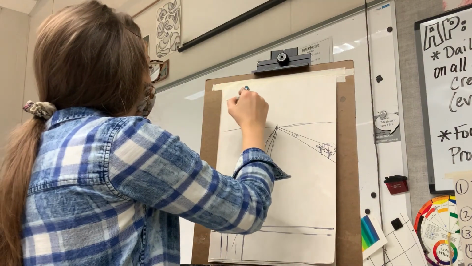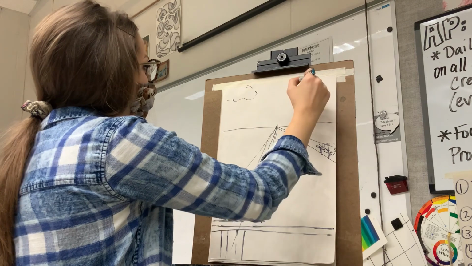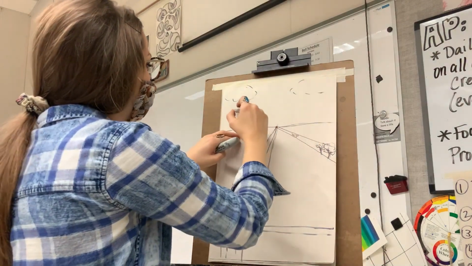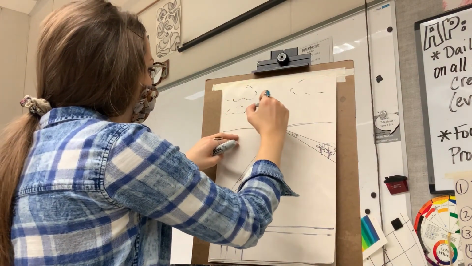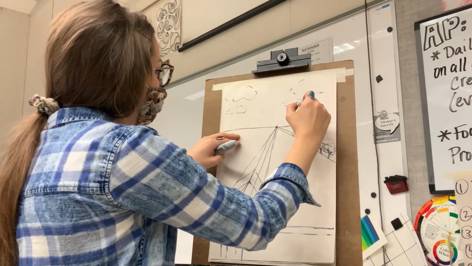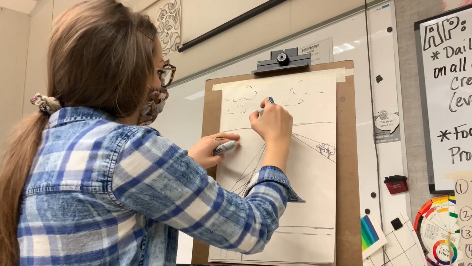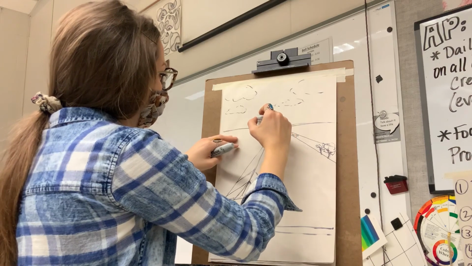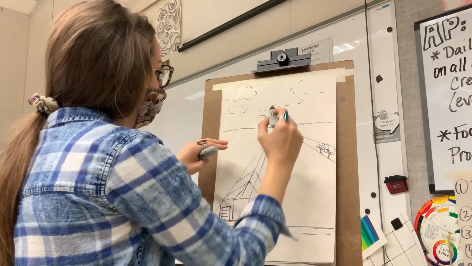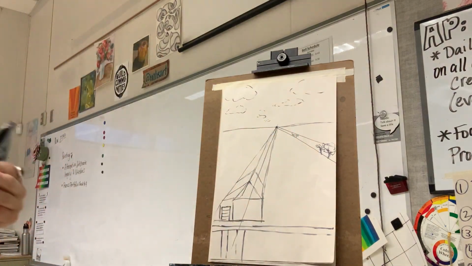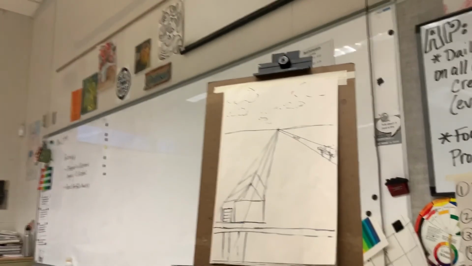So I can show that everything vanishes as it gets towards the horizon line and towards our vanishing point.